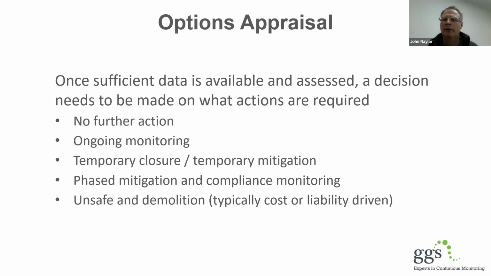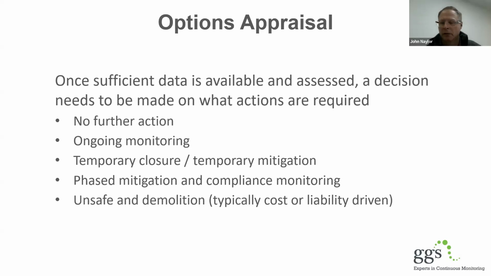How are you going to manage that? Okay, back to our construct. And it might be phased. And don't forget, whenever we do any of this, we need to justify and show that any work that has been done has been successful. So that's compliance monitoring. And ultimately, if we can't sort the problem out, or it's too costly, or it's liability, maybe we just get rid of the structure.